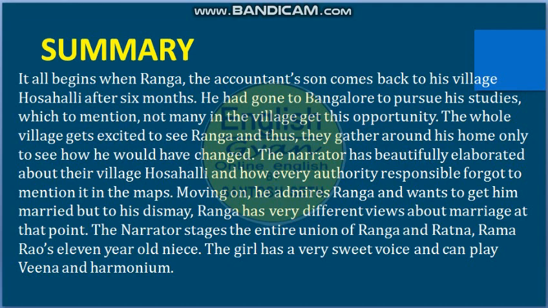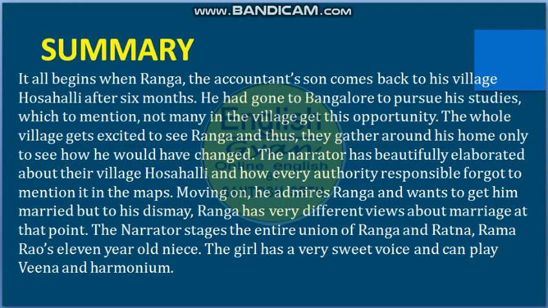Moving on, he admires Ranga and wants to get him married. But to his dismay, Ranga has very different views about marriage. At that point, the narrator stages the entire union of Ranga and Ratna, Rama Rao's 11-year-old niece.